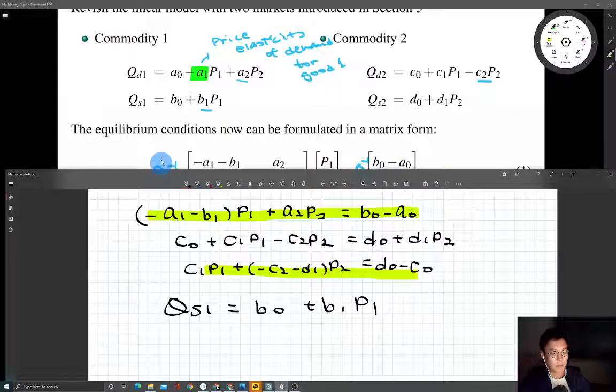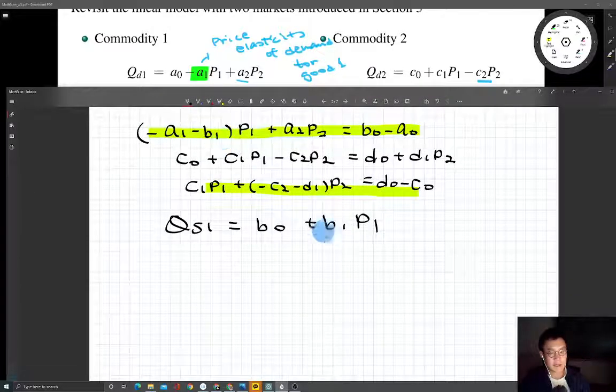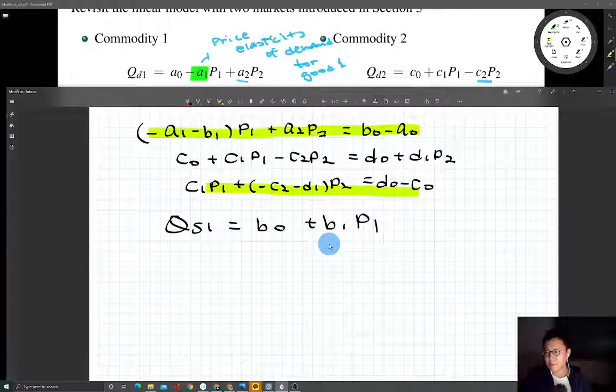All right, but if a tax is levied, for each sale, the supplier has to pay an amount T to the government. Then it changes the revenue per unit.